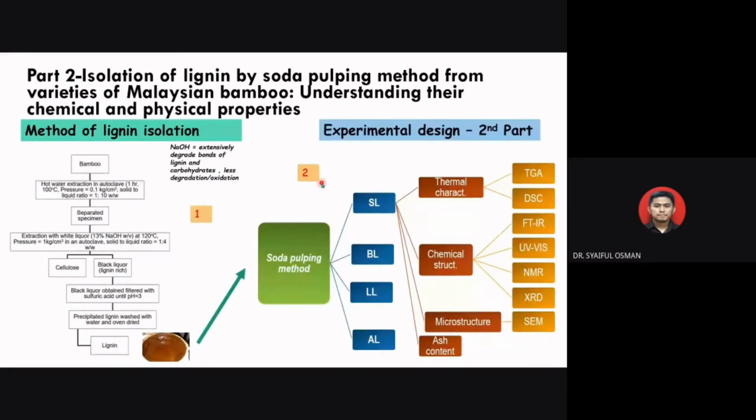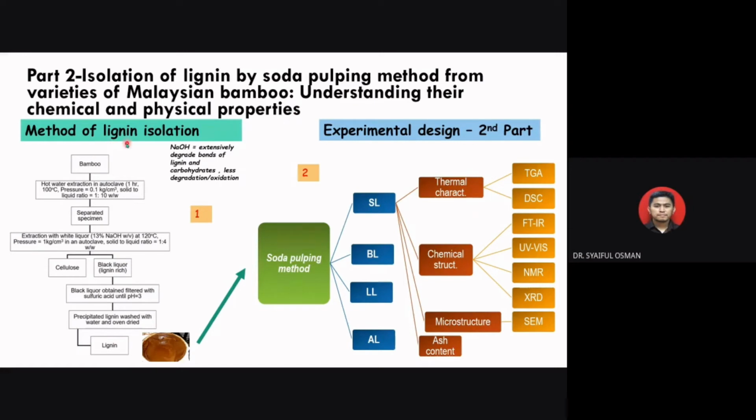And here we have the experimental design for the second part of my study. Within this section, I studied the thermal characterization, chemical structure, microstructure, and ash content of bamboo lignin. From the figure here, it shows the method of isolation using the soda pulping method. I used sodium hydroxide.